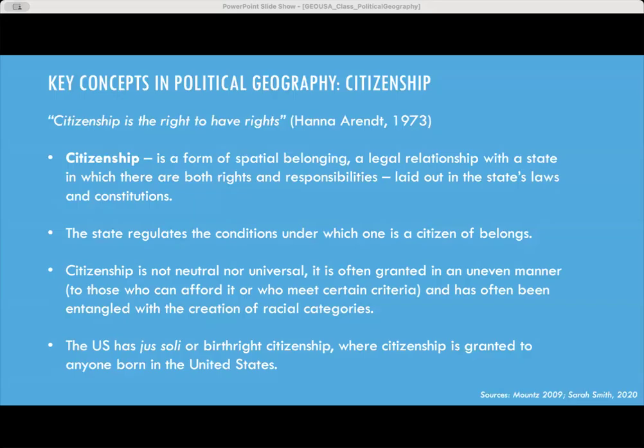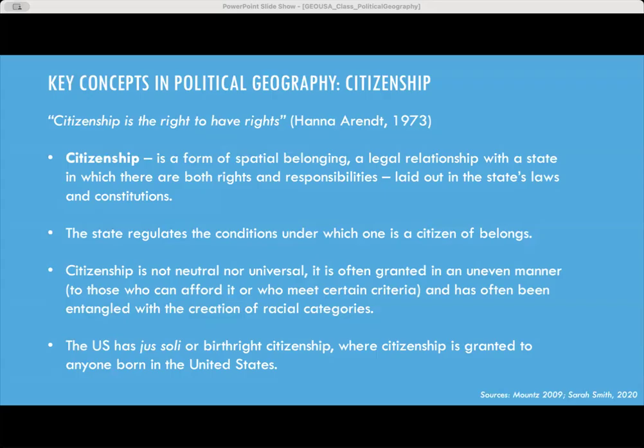And the idea of citizenship is not neutral, it's not universal. It is often granted in a very uneven manner, in some cases to those who can afford it or who meet certain criteria. And it has often been historically entangled with the creation of certain discriminatory categories like race, sex, ethnicity, etc. And I mean that from a global perspective, not just the United States.